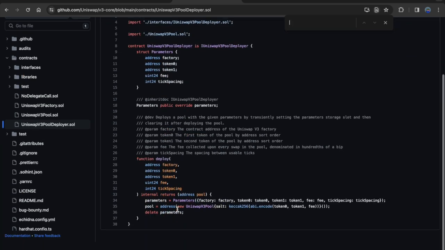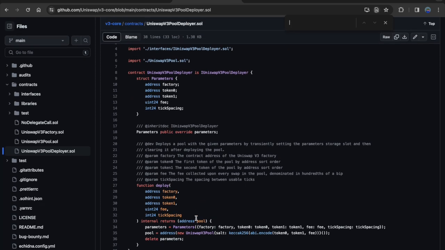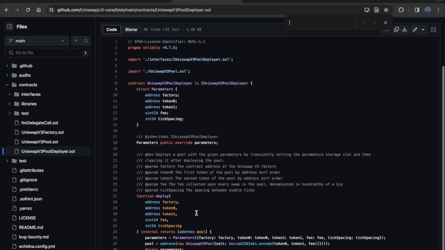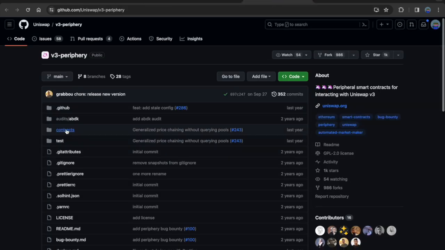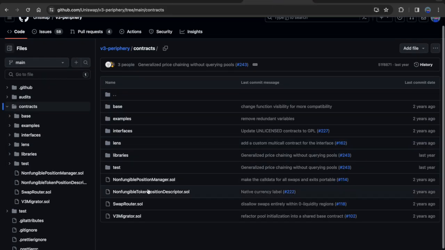Trying to see if I can find where exactly the liquidity provider is. Okay. Let's go here.